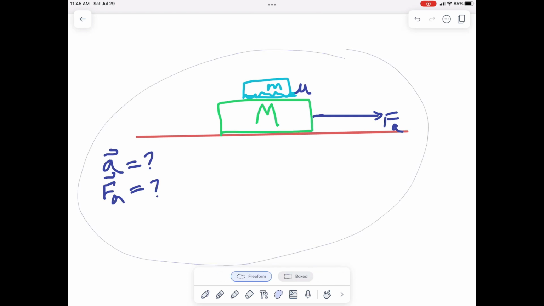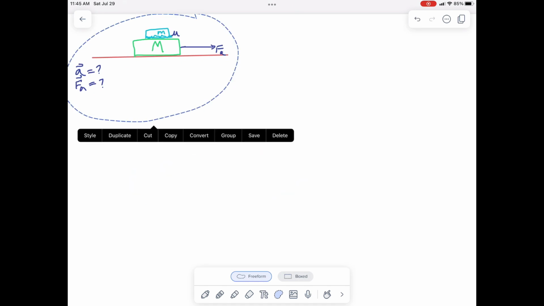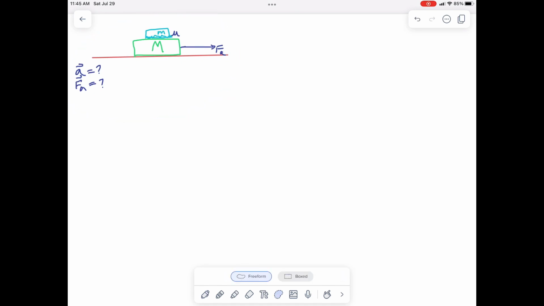The first thing that we're going to do is we know that because these two blocks are acting together and they can be thought of as acting in one system, each individual block must have the same acceleration if they're moving together. And so I'm only going to look at my block on top.